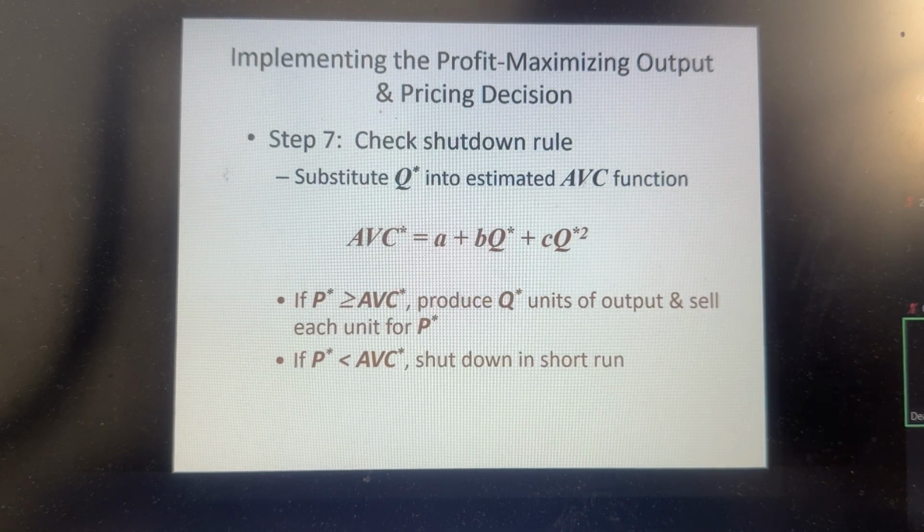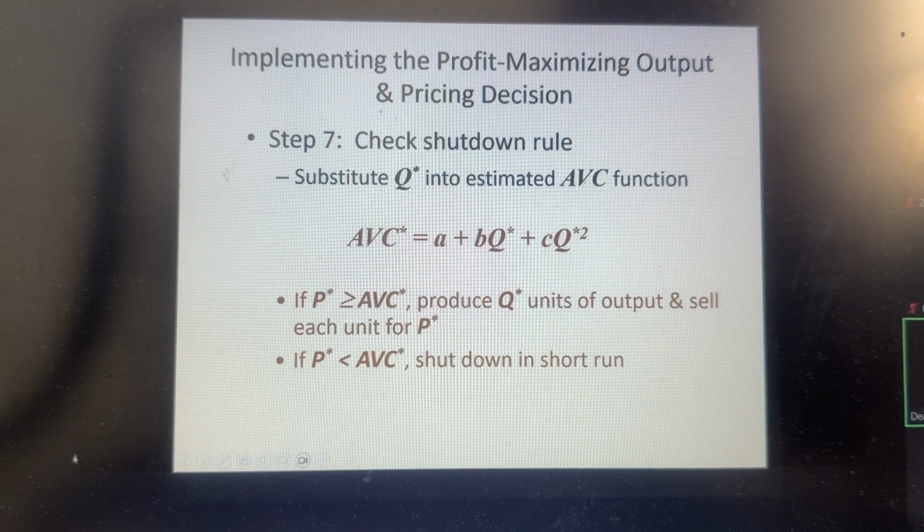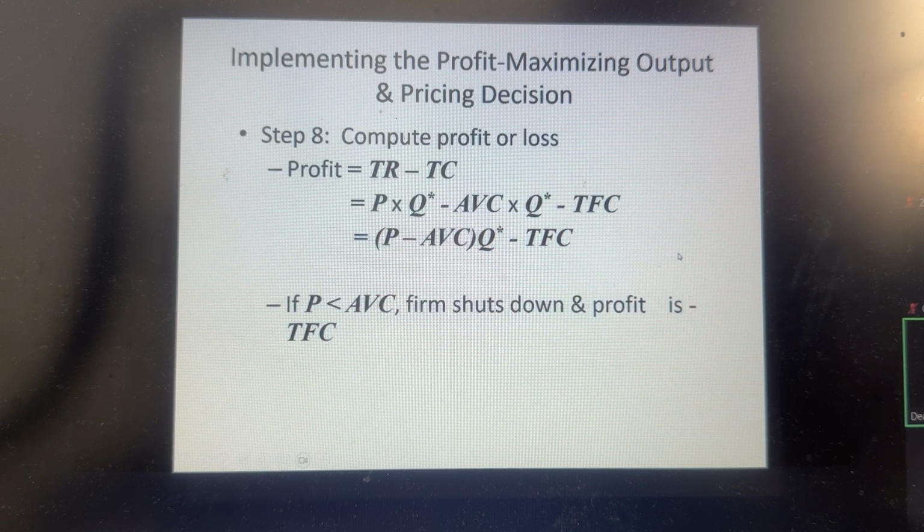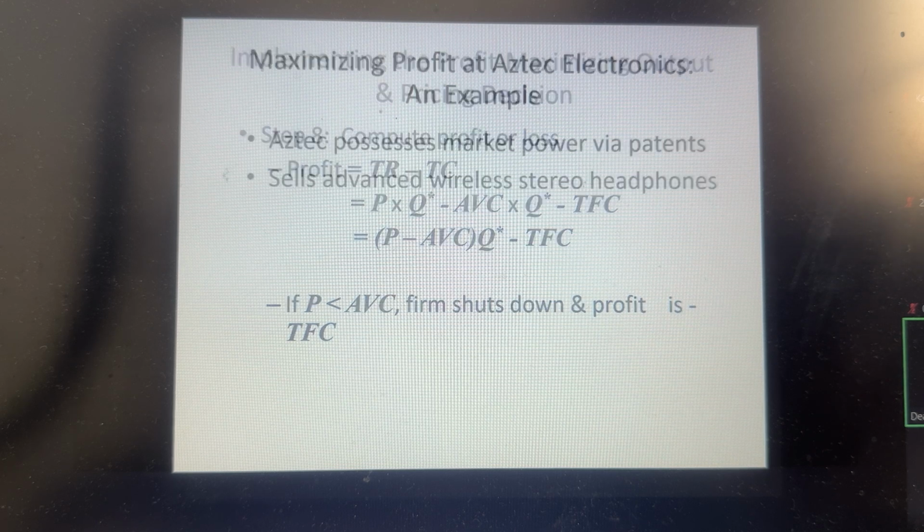If it goes below minimum AVC, better shut down, as I have clearly written here. Then complete profit and loss, TR minus TC. So that is how you can implement the profit maximizing output, price and decision mathematically.